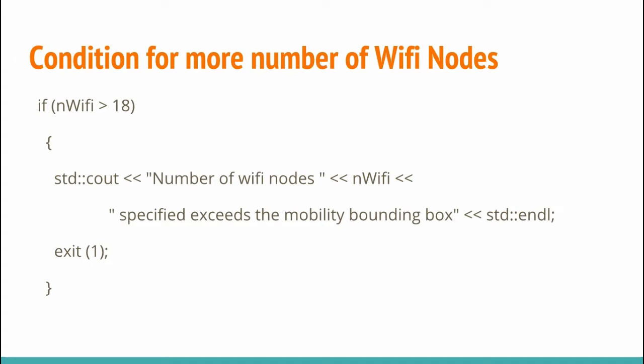Due to the limitations in the bounded area, we add a condition in the code. If the number of Wi-Fi nodes is greater than 18, we print a statement that the number of Wi-Fi nodes exceeds the limit, and therefore the program exits because of the error.